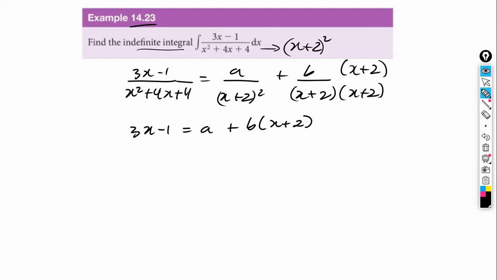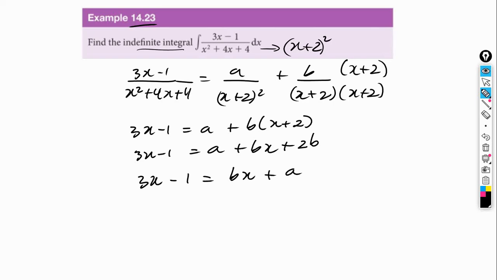So we're going to get that 3x - 1 is equal to A + Bx + 2B. And we're going to rearrange this. So 3x - 1 is equal to Bx + A + 2B. So we're going to compare both sides of the equality.